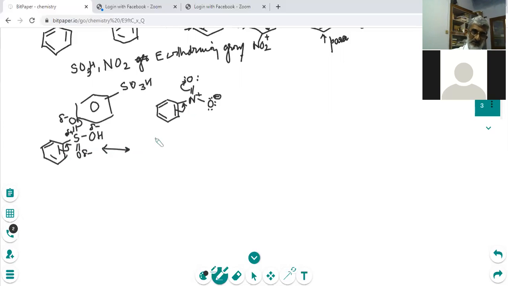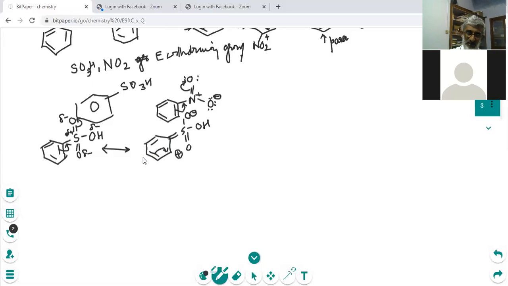You get the first one: double bond S, single bond oxygen, double bond oxygen, and OH. Sulfur has the same number of bonds over here, with a positive charge here. Now this positive charge can be delocalized as we have seen here.